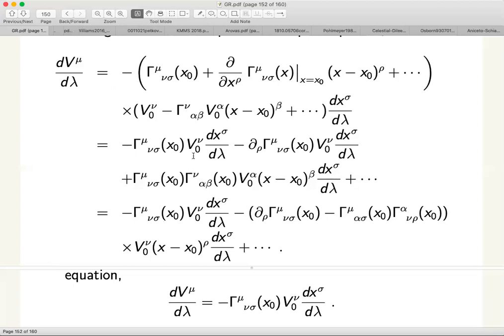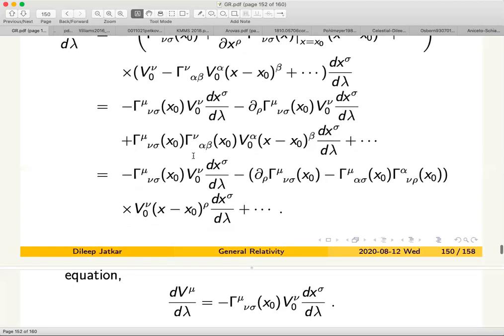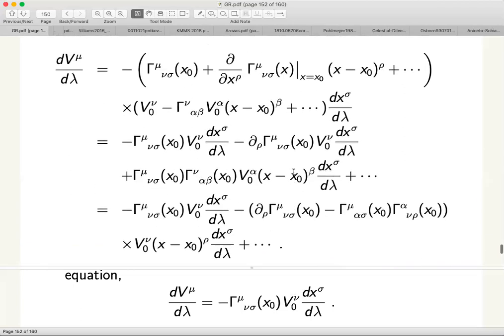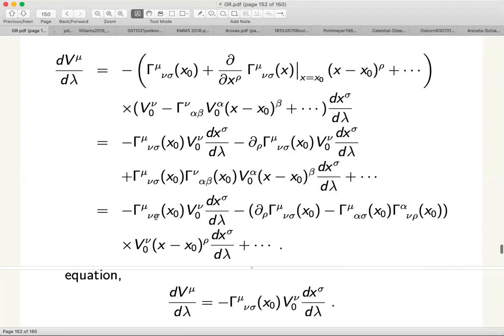Okay, so now you can collect these pieces carefully, and you will find that you get a first term, which is the term written out here, minus gamma times v naught times dx by d lambda, which is precisely the term that you have here at the leading order. Then you get a correction, and the correction piece is a term here with the x minus x naught piece missing, but assume that it is there.